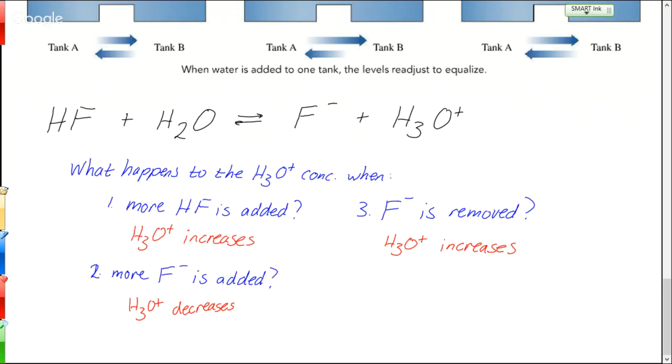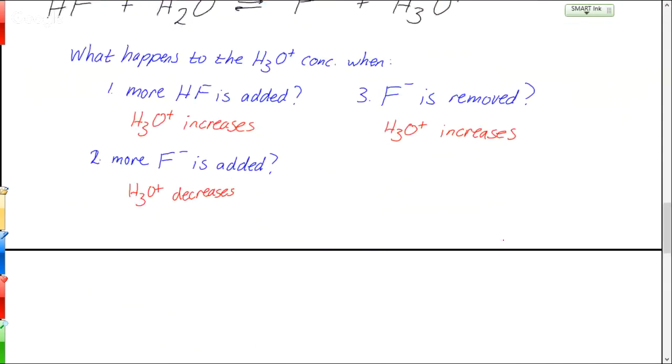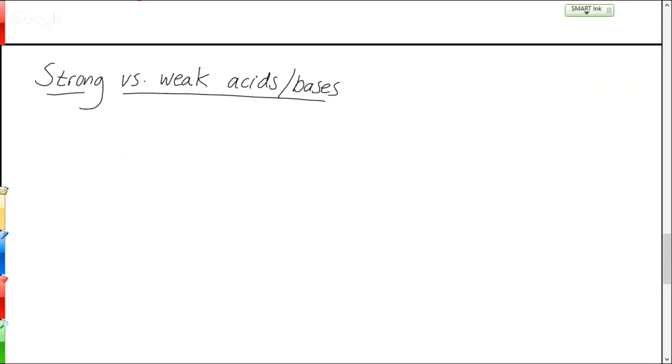Now what does this have to do with acids and bases? Well, since acids and bases are equilibrium reactions, we use equilibrium to define strong acids and strong bases. There's a really big misconception about this.